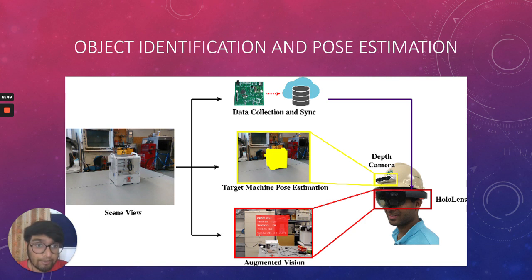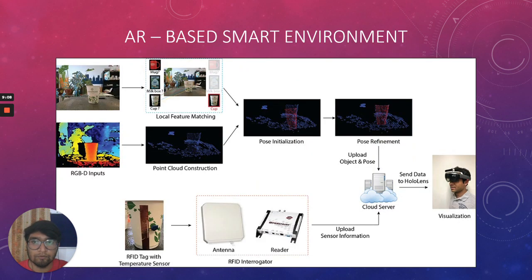This depth camera is used to get the idea of how far the object is and how the object is placed. All of this gets the information we need for other purposes, which will be discussed further. Both this position estimation and RFID create a complete smart environment in which our device works.